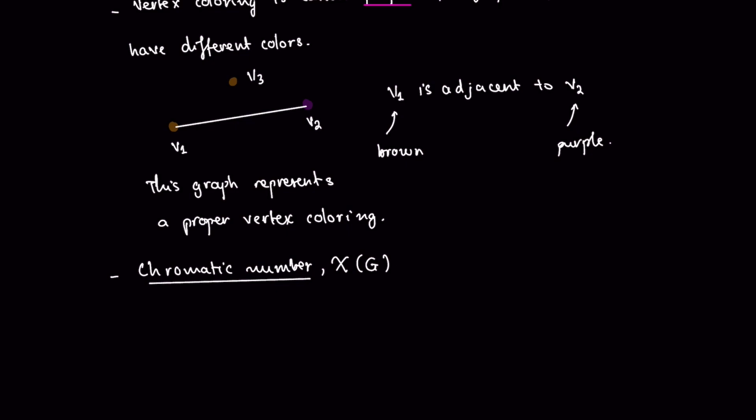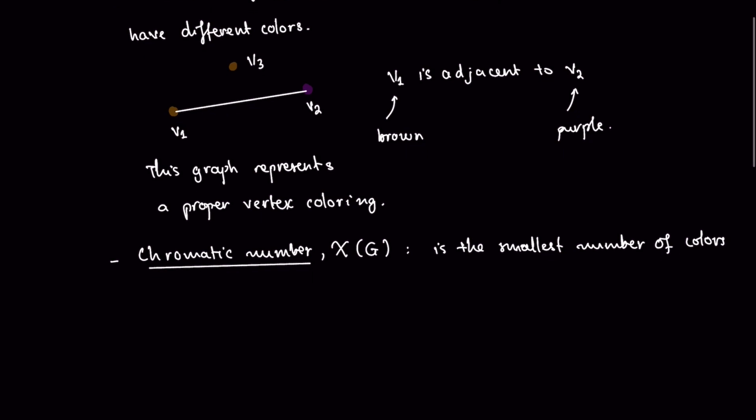The chromatic number is the smallest number of colors necessary to get a proper vertex coloring. So in this example that we are working on right now, the chromatic number is 2 because you use two different colors to color the vertices.